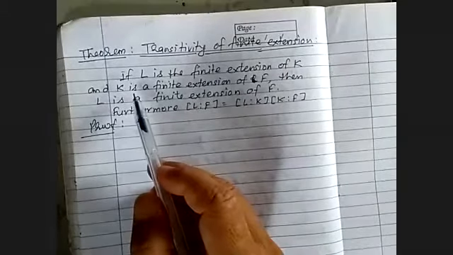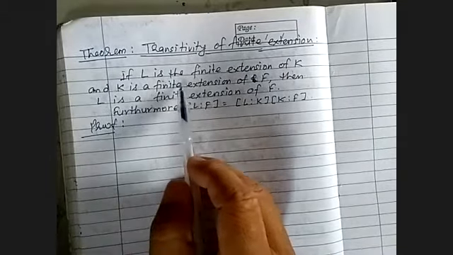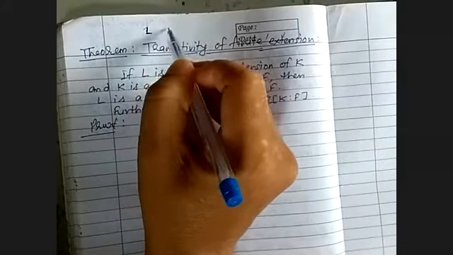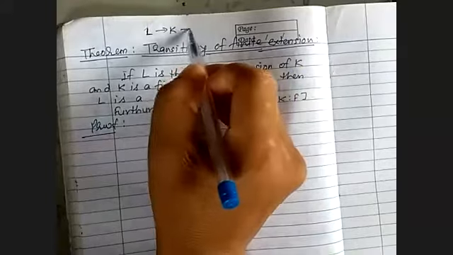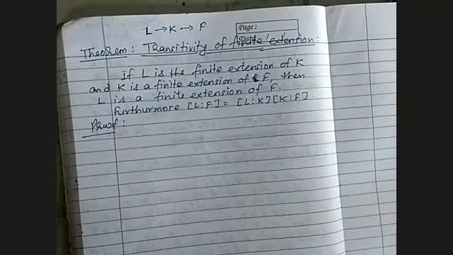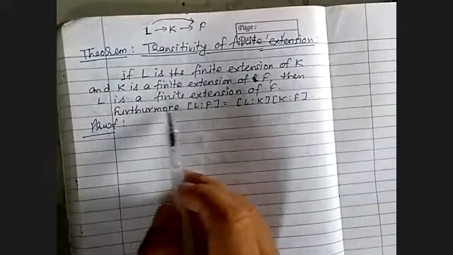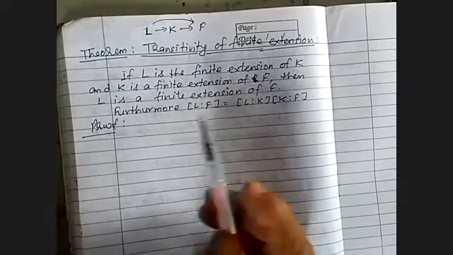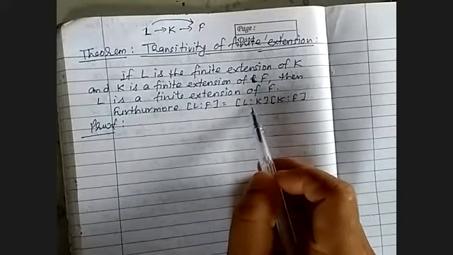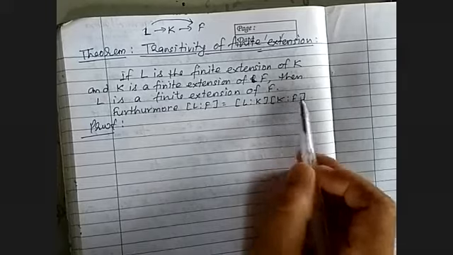The statement of the theorem is if L is the finite extension of K, L is extended finitely up to K, and K is a finite extension of F, means K is extended finitely by F, then I have to show that L will be a finite extension of F. First thing, L is a finite extension of F, we have to prove, and furthermore I have to show here the number of basis elements in LF is equal to the number of basis elements in LK multiplied by number of basis elements in KF.